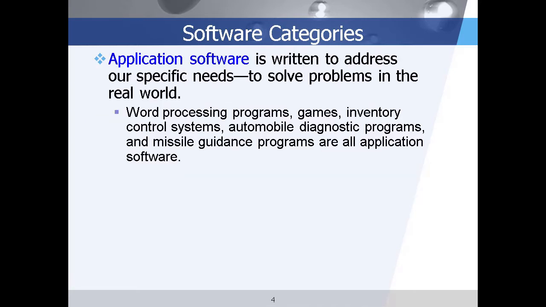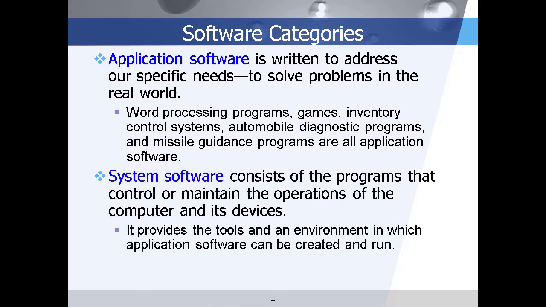Application software is written to address our specific needs, like office software, email software, movie editors, computer-aided design software, etc. System software consists of the programs that control or maintain the operations of the computer and its devices.